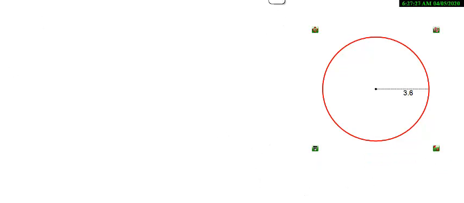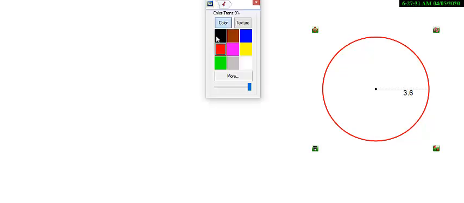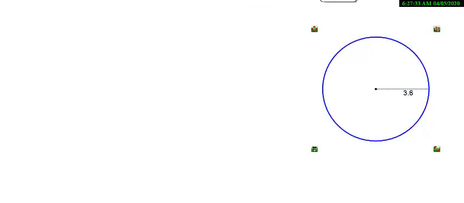So I'm gonna graph a sector with a specific measure. This is the first part. So I'm gonna identify a sector here. This is the sector. It has endpoints.